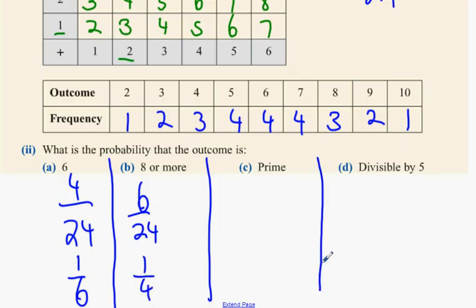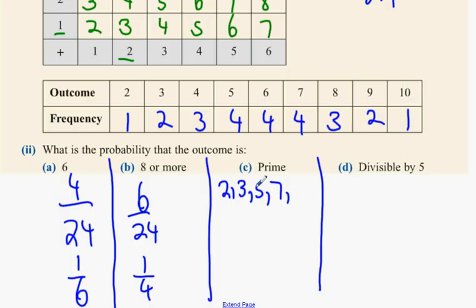Prime. What are prime numbers again? Any number that can only be made by multiplying itself by 1. 2 is a prime number, 3 is a prime number, 4 can be made by 2 multiplied by 2, doesn't count. 5 is a prime number, 7 is a prime number. No, 9 can be made by 3 by 3. But 11 is not there.